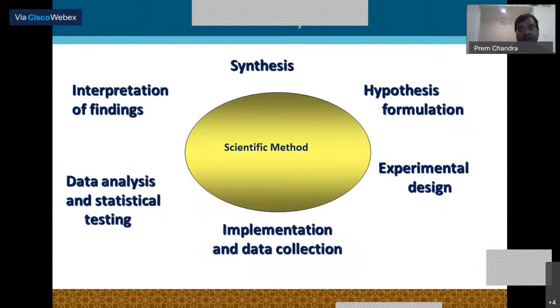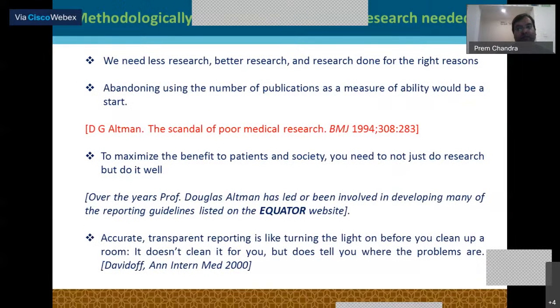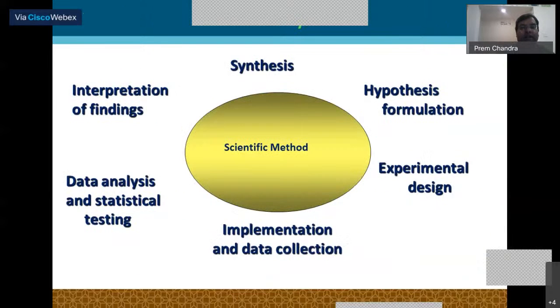So the whole idea is we have to be very clear about what method has been used to conduct the RCT design. When I say method, it includes many components. This slide shows that the scientific method sits at the center of everything.